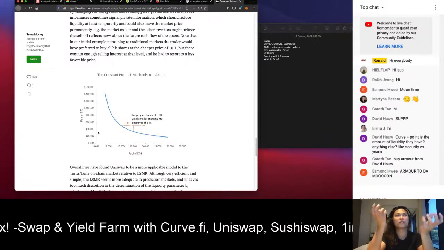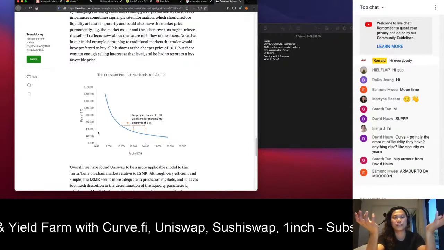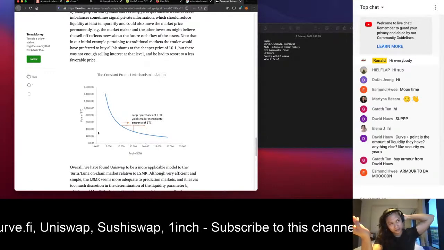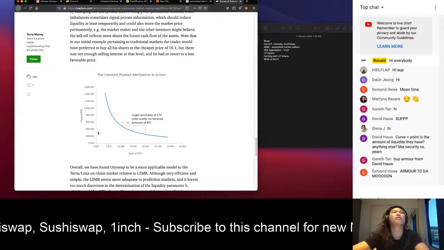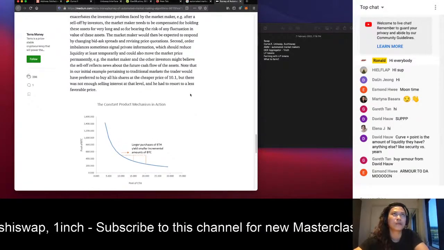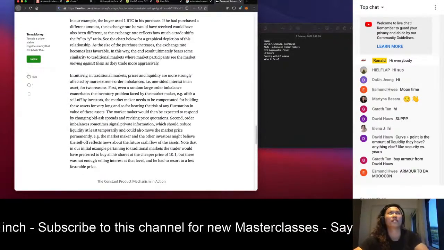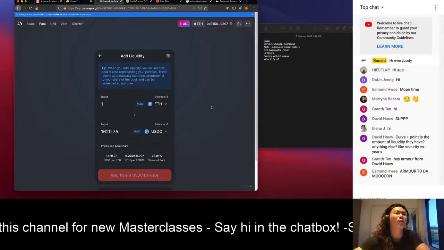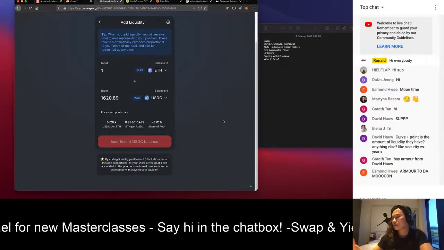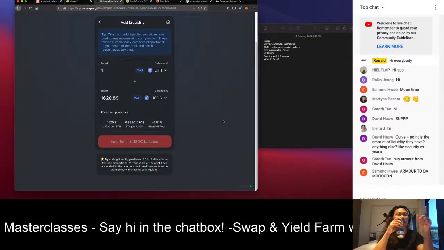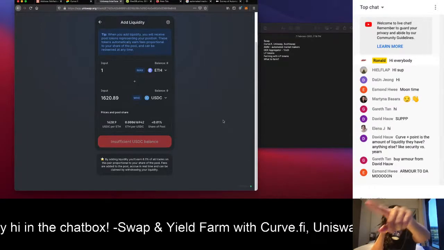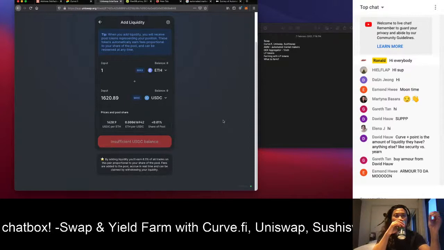So how this value is calculated is the interaction between the supply of both tokens, okay? It doesn't matter if you don't understand it now, because we will go through some stuff and it will get clearer when we're yield farming. So here I will put in one Ethereum, I get 1,620 USDC. Both of them at the same time, I will enter into the liquidity pool.